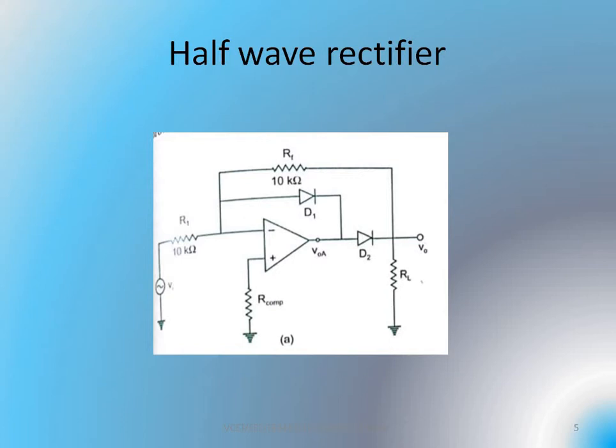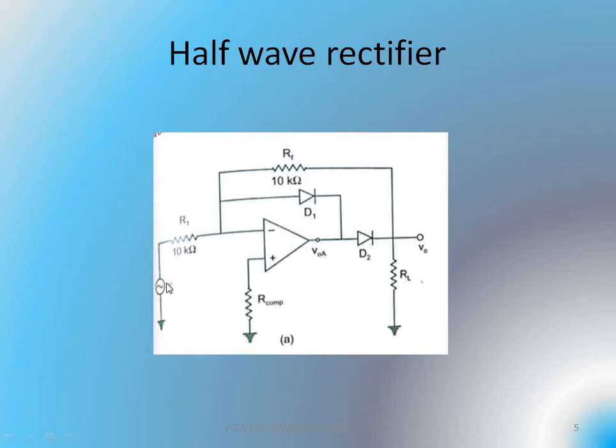And very similar to an ordinary PN junction diode based rectifier, in an operational amplifier also we have a similar rectification operation, whereas the difference is that an active element is included for the rectification process. So here you can find that there are two diodes connected in this circuit, D1 and D2, which are used for performing the half wave rectification.